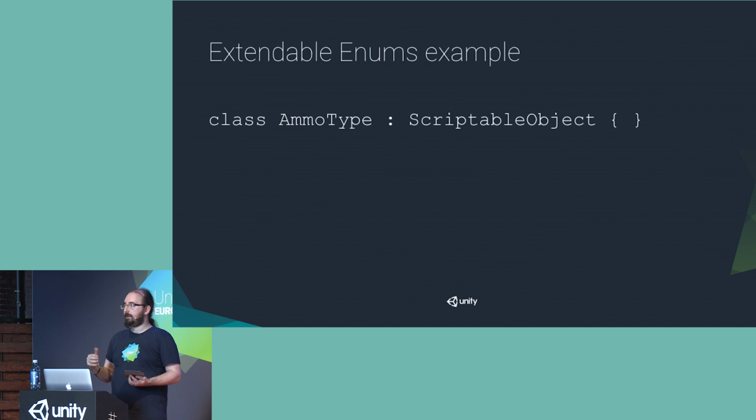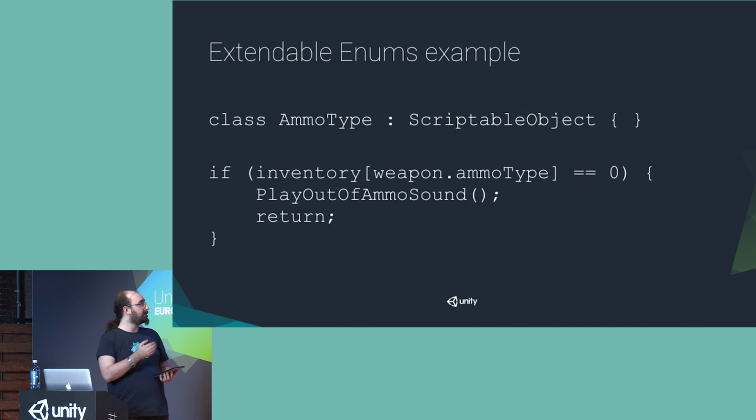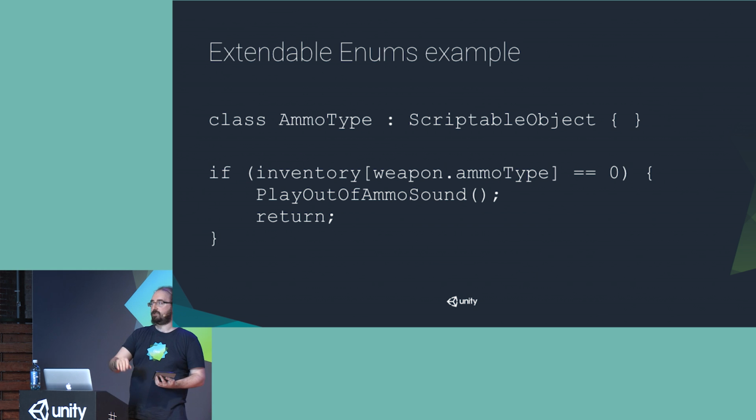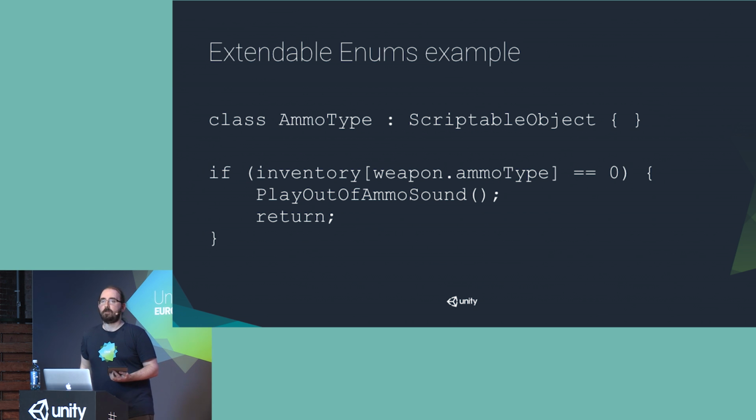It's just different numbers to keep track of. But it allows me to start with my basic class and then write code like this. So given an inventory, which is like a dictionary of this ammo type to numbers, I can just plug in the ammo type instance and look it up by that.